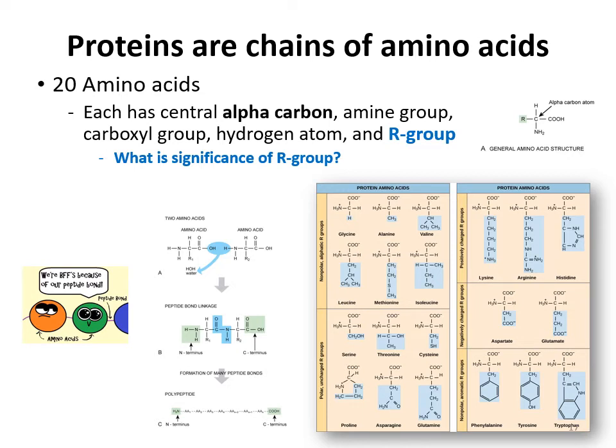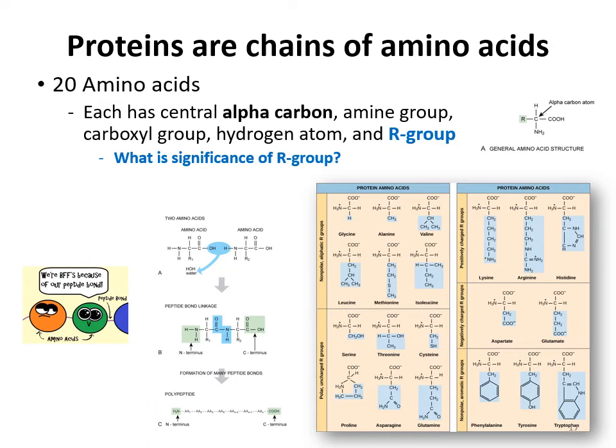Okay, so in terms of the significance of R groups, make sure you know that they affect the folding and interactions of the protein. Make sure you know how polar would differ from nonpolar, how positive versus negative charges would affect the protein, and how aromatic R groups affect the protein. And again, for aromatic, think big and bulky.